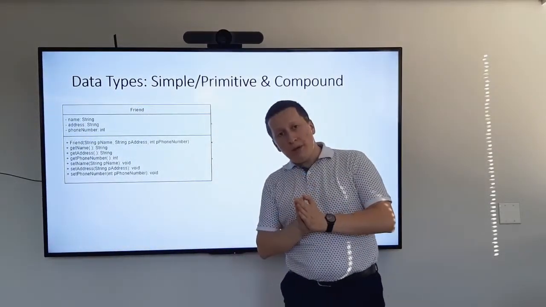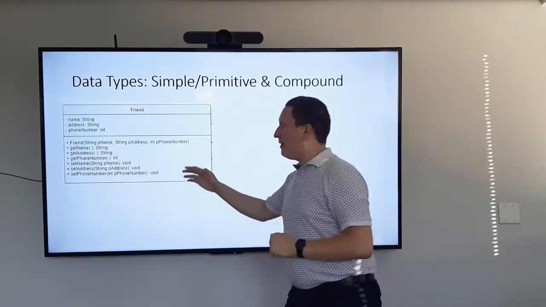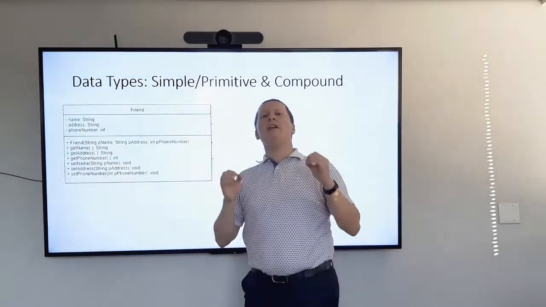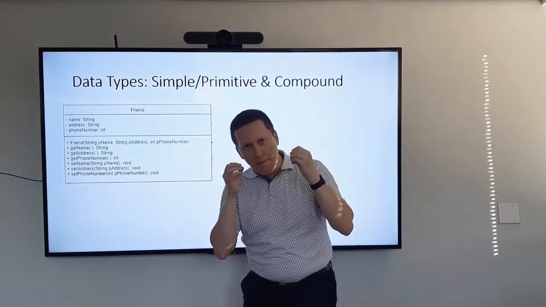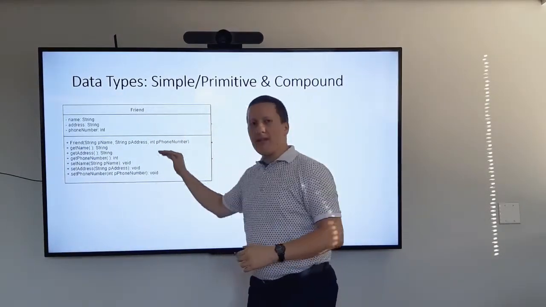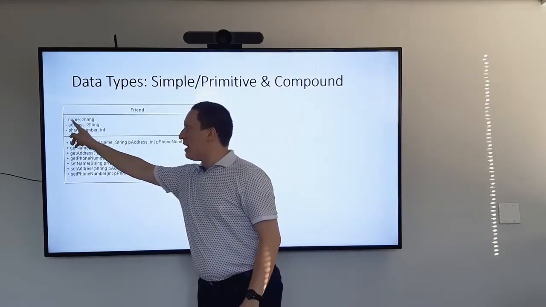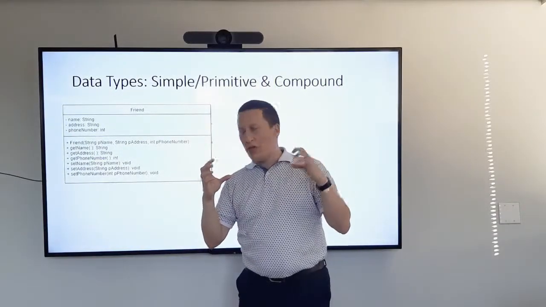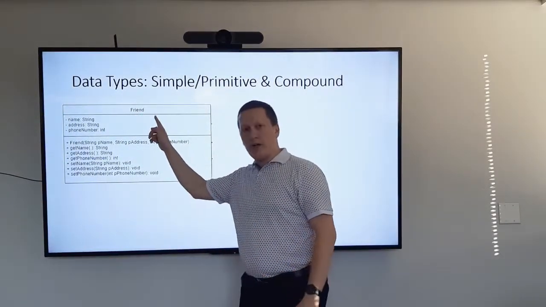When we say private, what we're saying is that these properties, these attributes, are only going to be accessed and managed by the class that has them. In this case, name, address, and phone number as data values are going to be managed only and exclusively by the class friend.